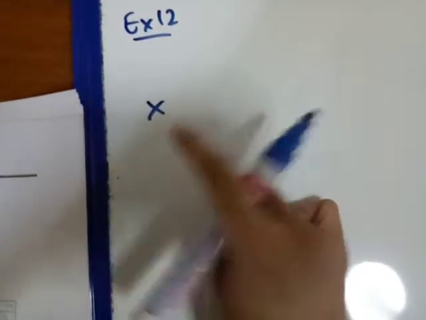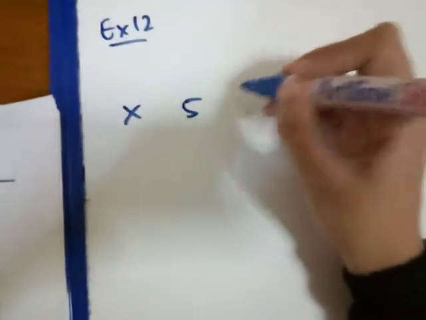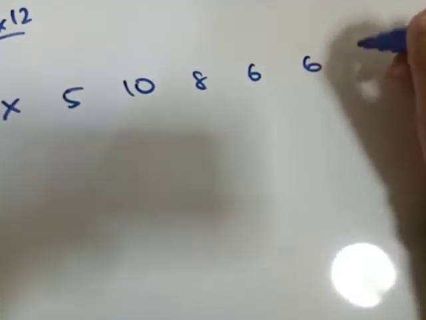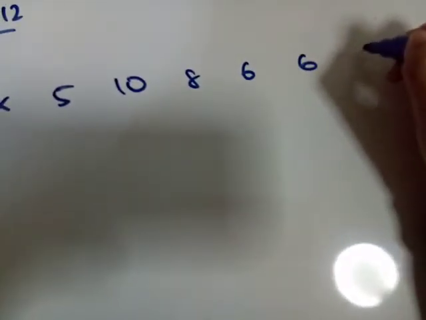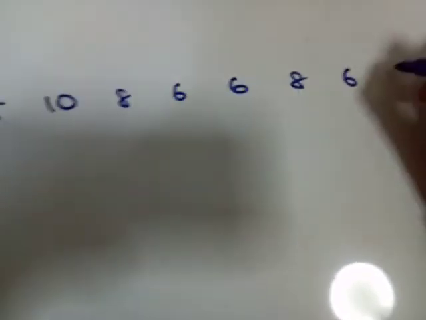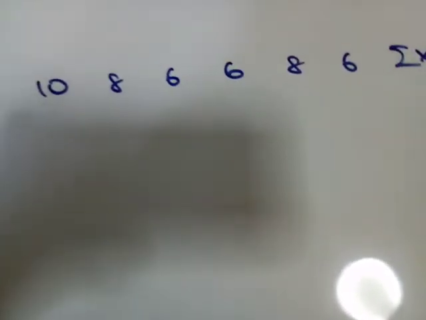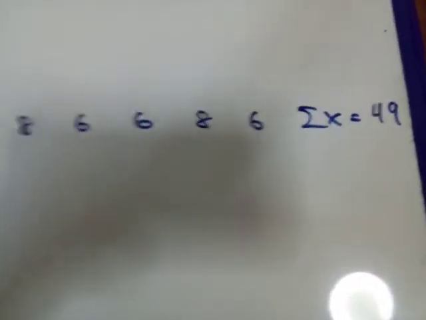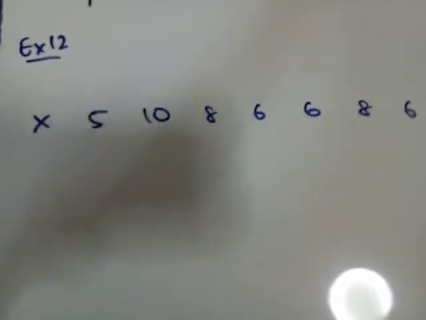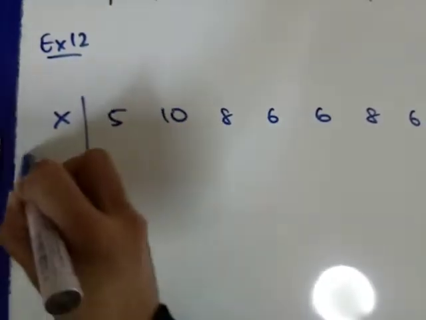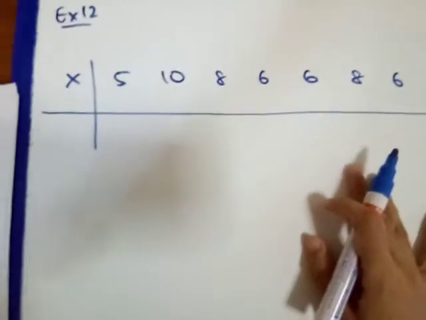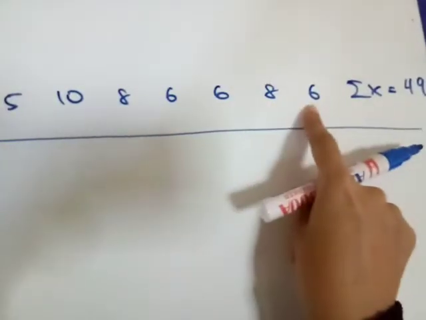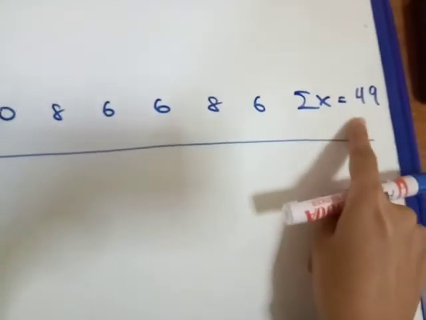For data values X: 5 plus 10 plus 8 plus 6 plus 6 plus 8 plus 6. So total X is 49.